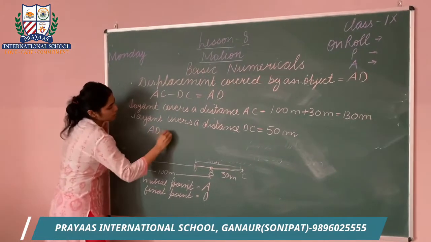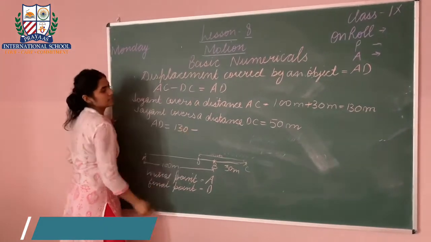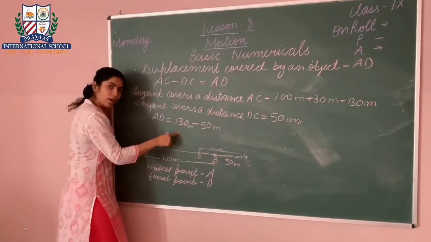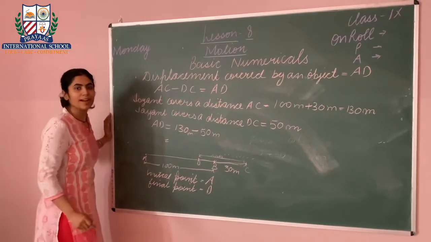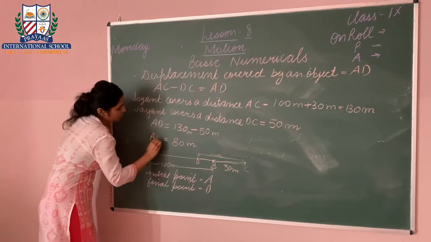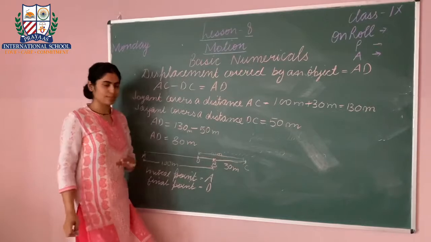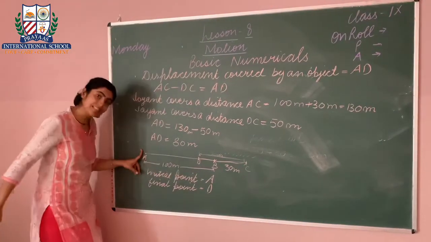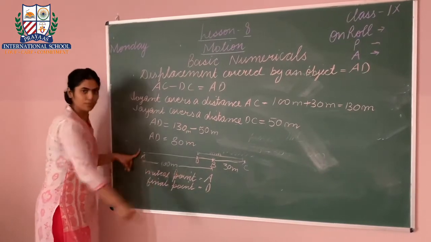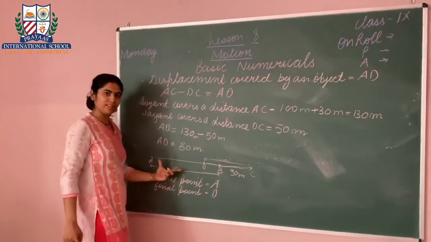AD is equal to AC, which is 130 meters, minus DC, which is 50 meters. 130 minus 50, that will come to 80 meters. We can easily calculate the displacement, that is the shortest distance covered by Jayant from A to D. We just have AC minus DC.